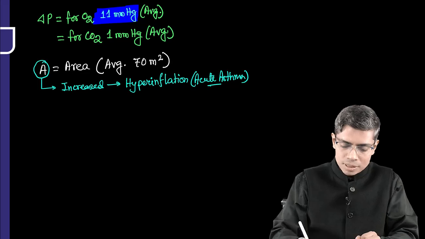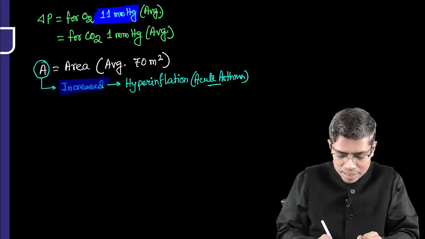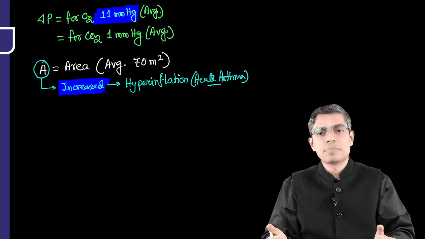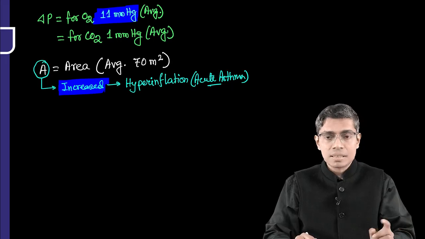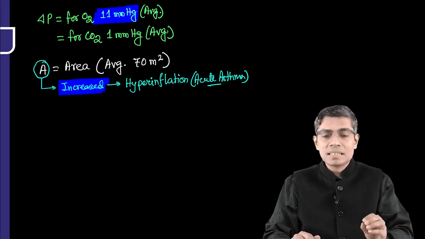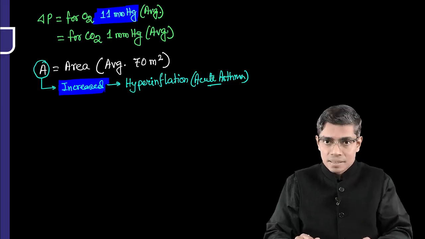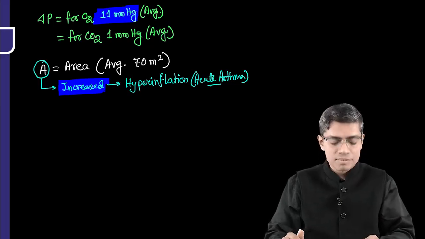And you know that diffusion capacity increases whenever there is an increase in surface area. As I discussed in the previous session, the diffusion capacity of the lung is slightly increased in asthma, particularly due to hyperinflation.